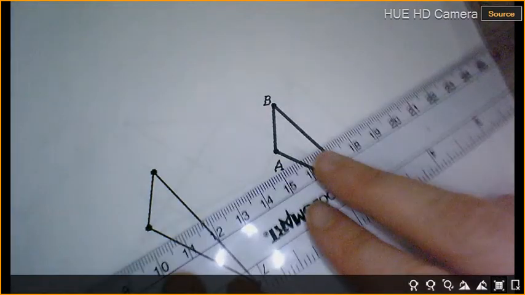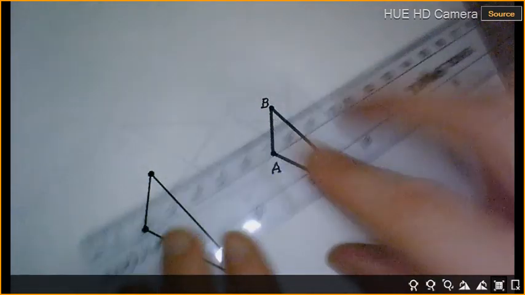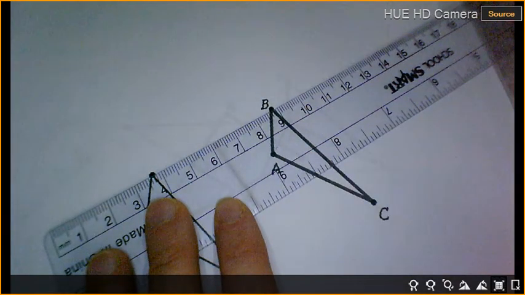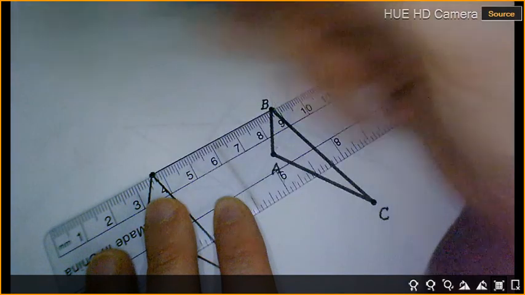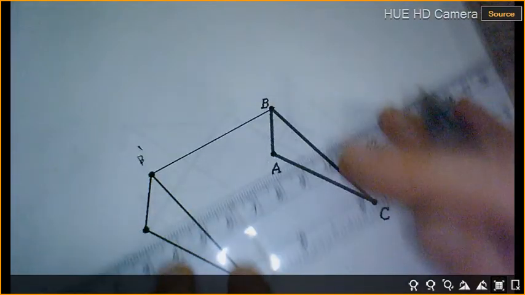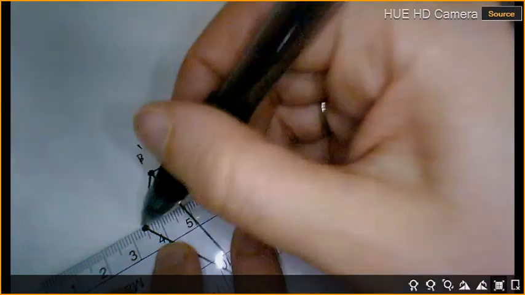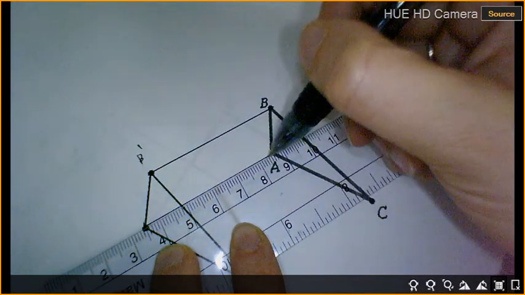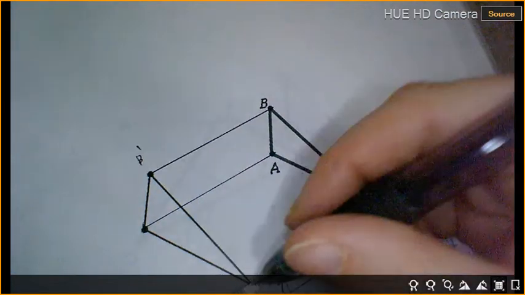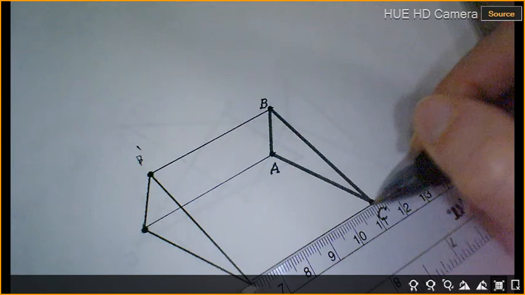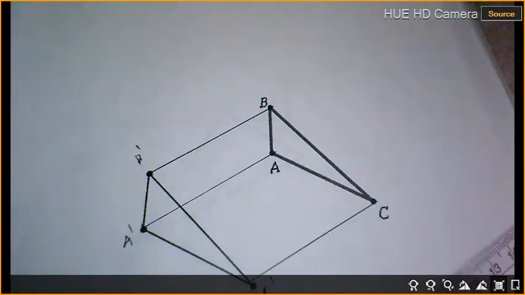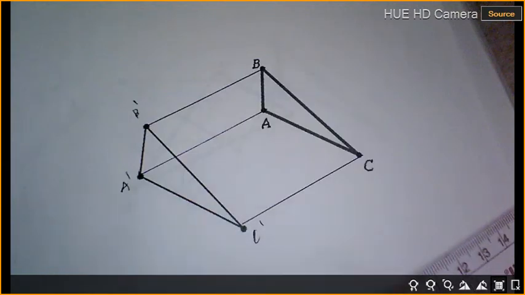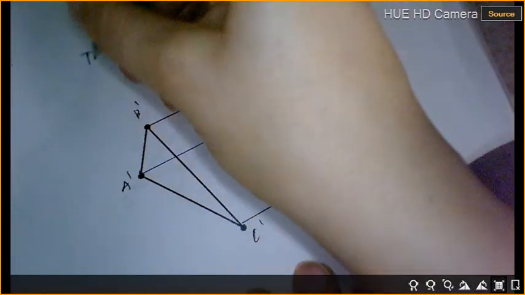I am going to connect B to where I think B prime is, A to A prime, C to C prime. What do we think is happening here? Is this a dilation, reflection, rotation, translation? It's a translation.